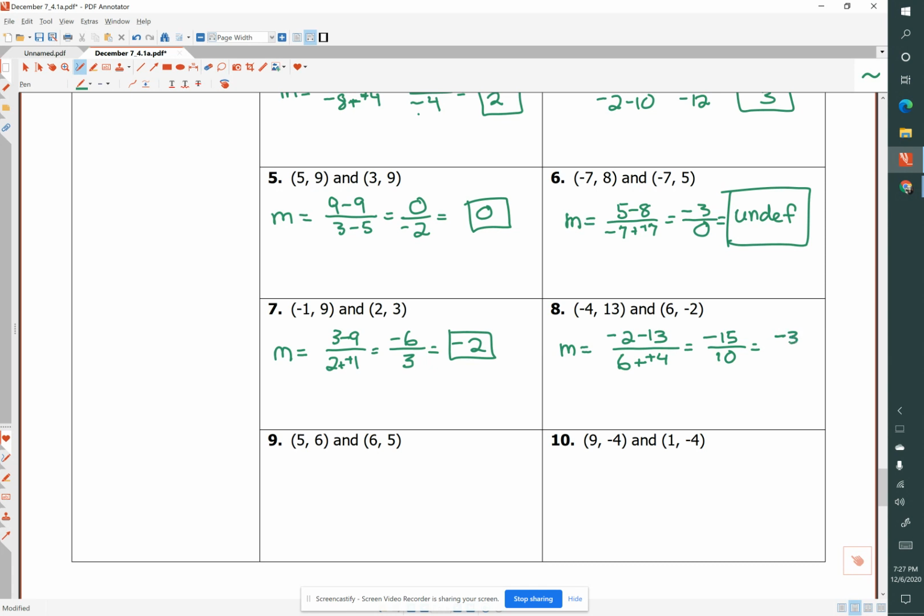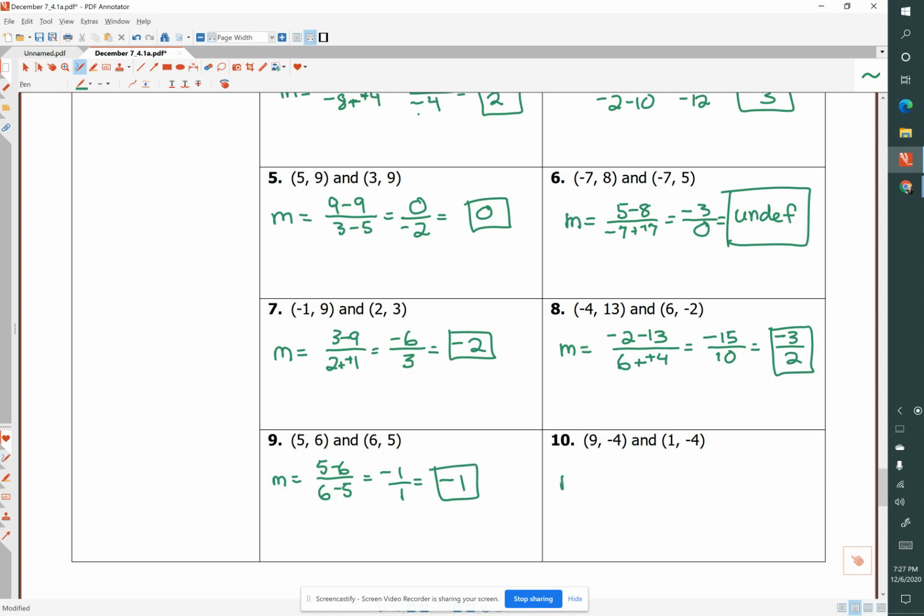So the slope would be negative 3 over 2. Keep the improper fraction. We're not going with mixed numbers. This is a ratio. Number 9, slope equals 5 minus 6 divided by 6 minus 5, which will give us negative 1 over 1, which equals negative 1.